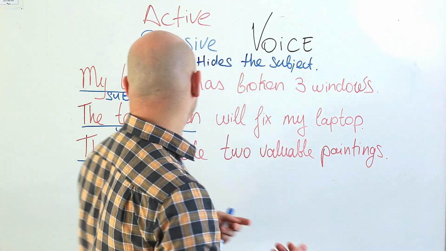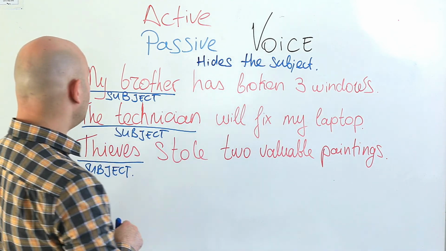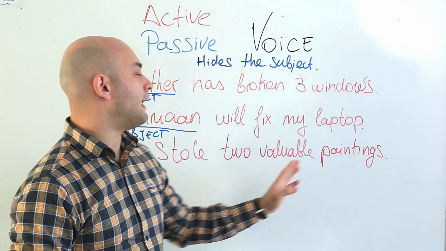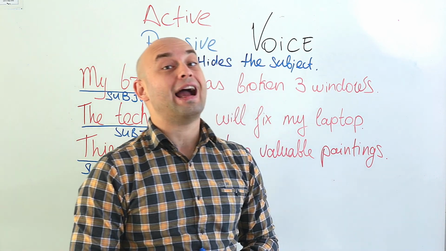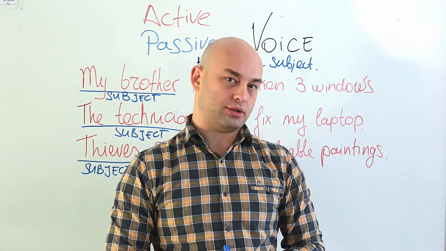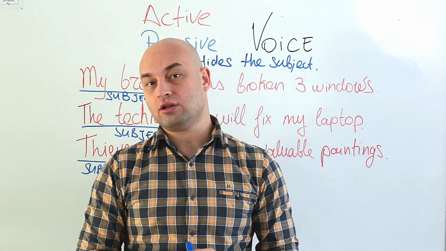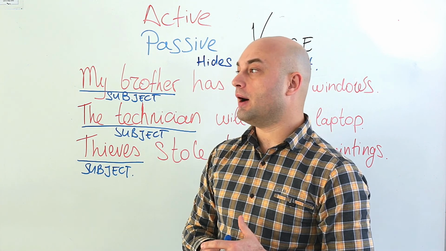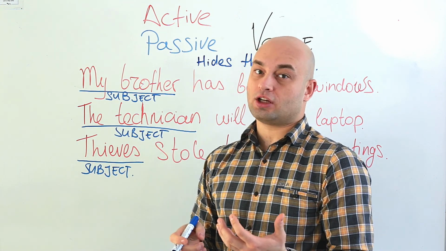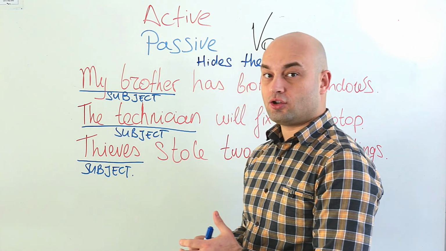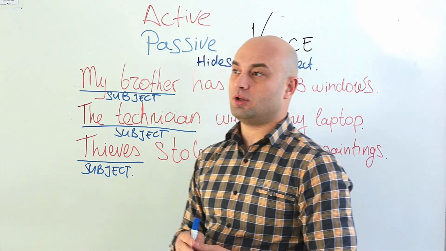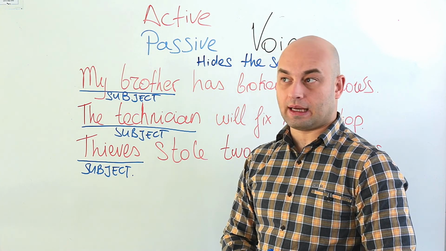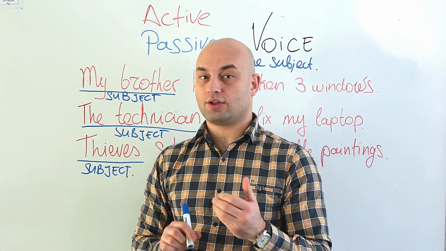Now, I could just say, somebody has broken the windows, somebody will fix my laptop, and somebody stole 2 valuable paintings. But I'm not really hiding the subject if I say somebody. I would be changing the subject for an unknown subject, but the subject is still there. The person you talk to will still want to know who that somebody is.